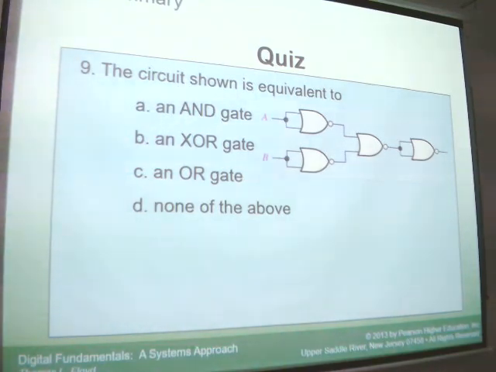So it equals A bar plus B bar, with a bar on top, so A dot B equals AB bar. So none of these. It is a NAND gate. So none of these.